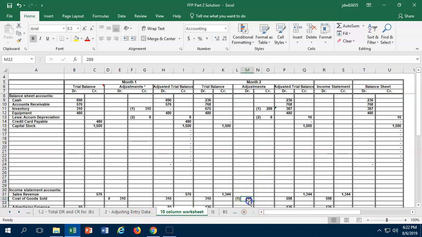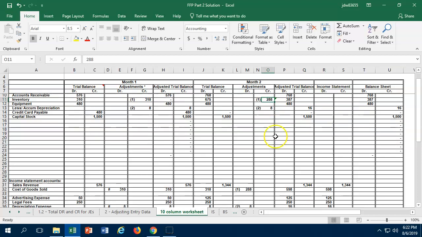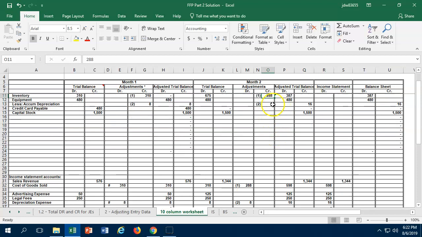So we debit cost of goods sold and credit inventory for 288. Did you guys remember getting that? Do I need to calculate that? Okay. And then depreciation is another month of depreciation, which was $8.